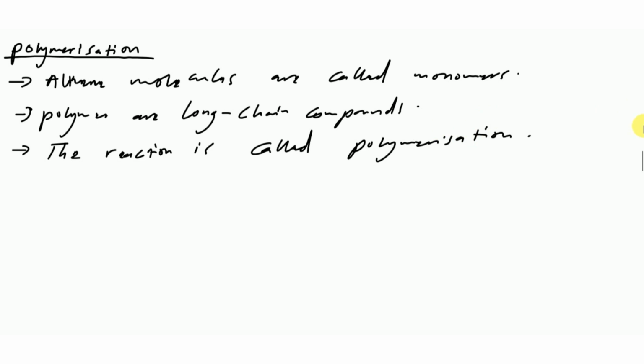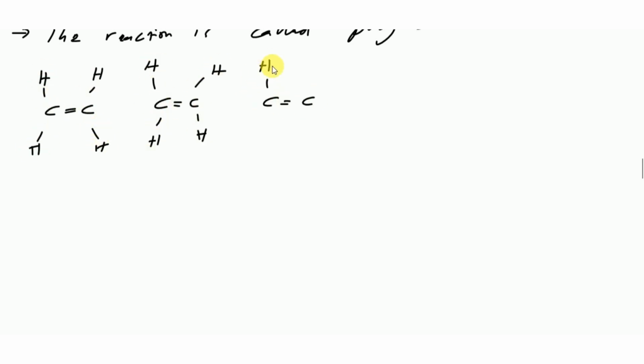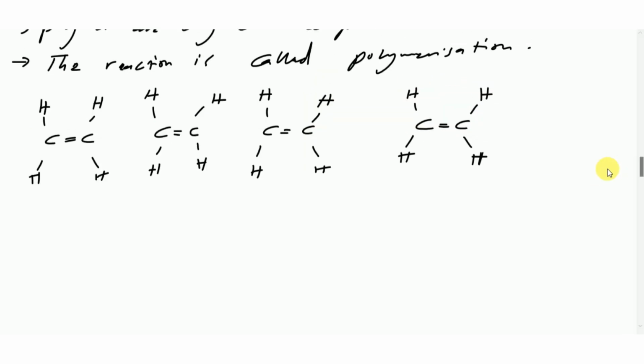And let us look at an example there, and we are going to use ethene as our monomers. So if we have these ethene molecules, we can say that they are monomers.